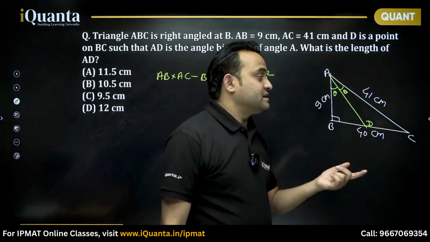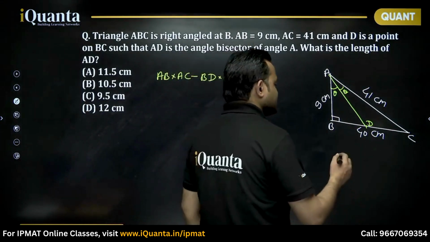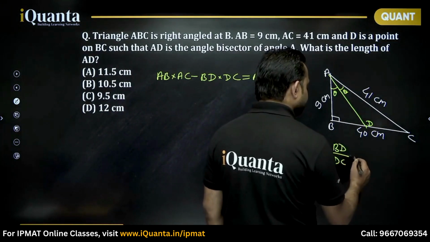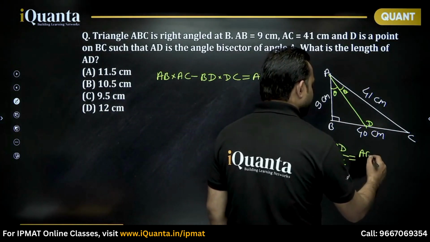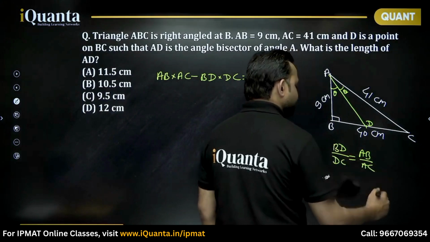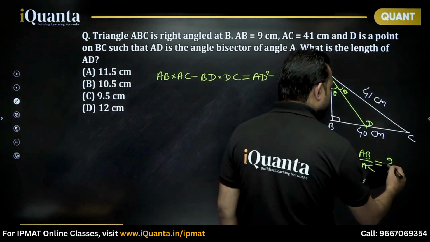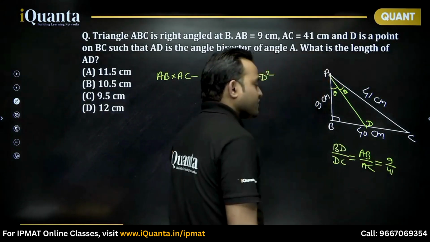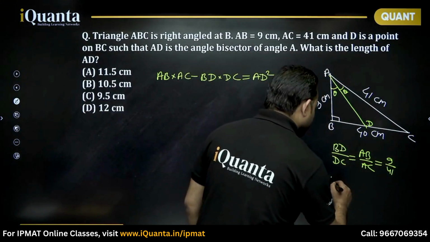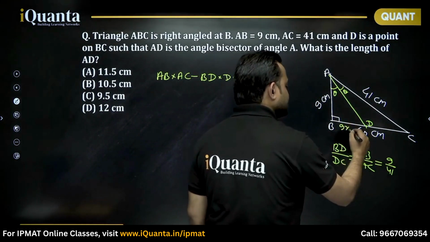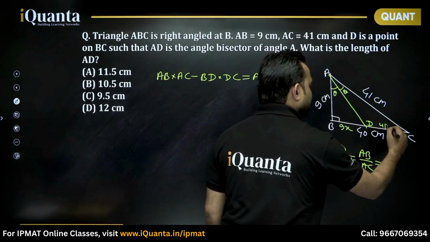There is another angle bisector theorem which says that BD upon DC is equal to AB upon AC, which is equal to 9 upon 41. So what will be the length of BD? If this is 9x, then this should be 41x.